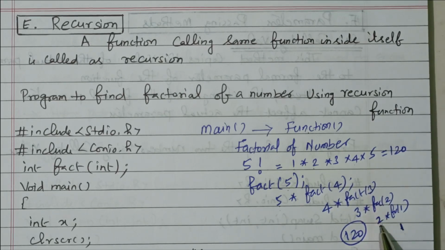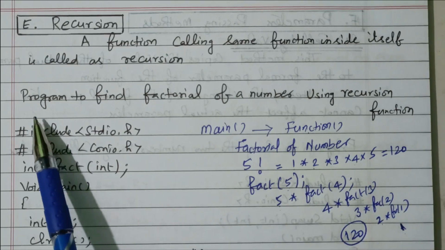Then this fact 2 will return 2 into fact of 1, 2 minus 1, 1. If the factorial is 1, the return will be 1. Thereafter we cannot go, it would go negative. So we can stop the process when the number reaches 1. So this is the concept of the factorial, and we got 120.